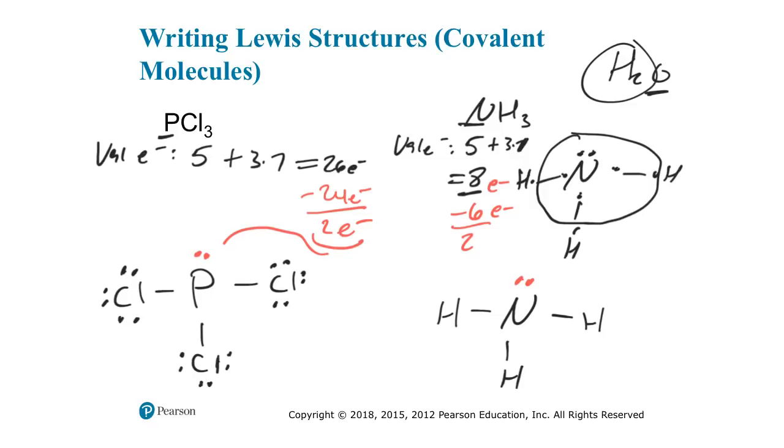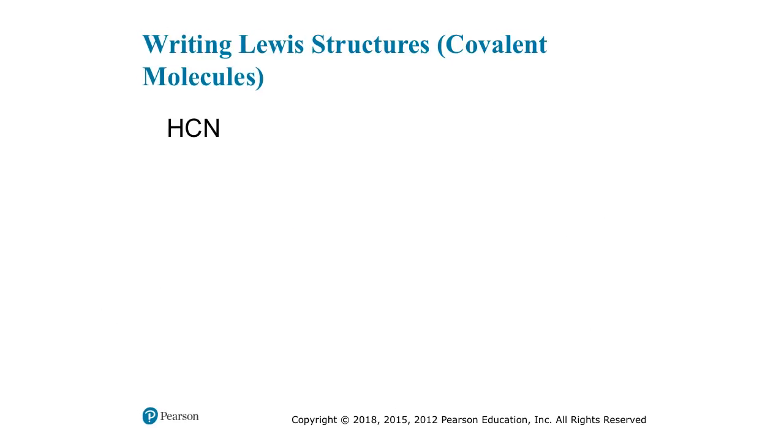Now, like I said, there will be some more complicated molecules that this type of process helps us with. HCN. Now, H to C to N is our connectivity. So here's our basic connectivity. Carbon's in the center, then nitrogen's attached to it, and hydrogen.